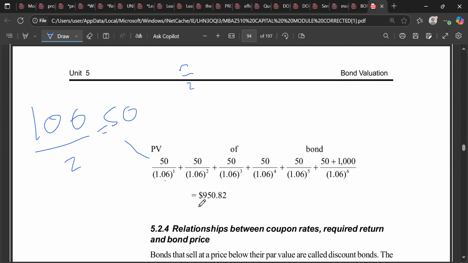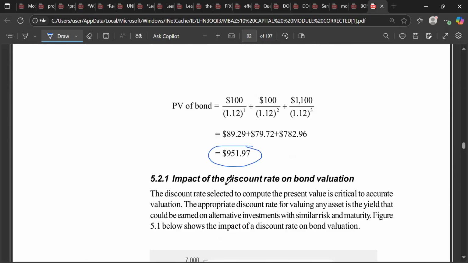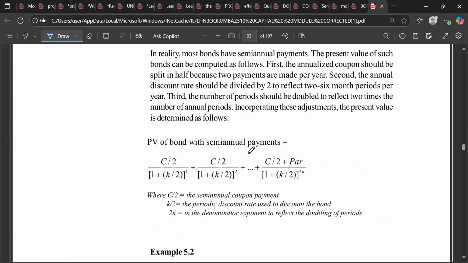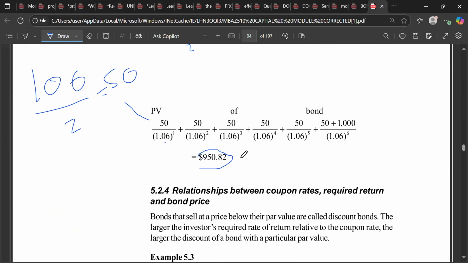So this will give us a value of what? 950.82. So if you compare this value to the one before on the annual discount model, I see 951 there, and this one is giving us 950.82. So the relationship here is that because of discounting factors, it's close enough to the same approach.